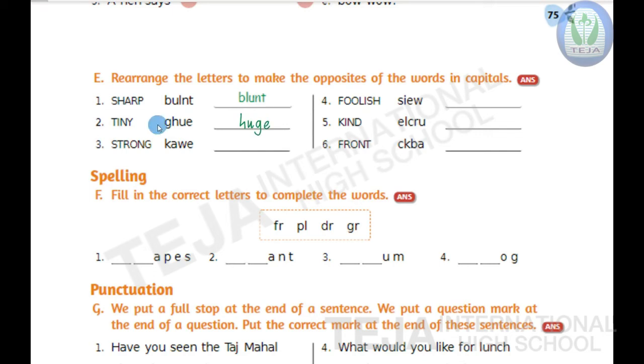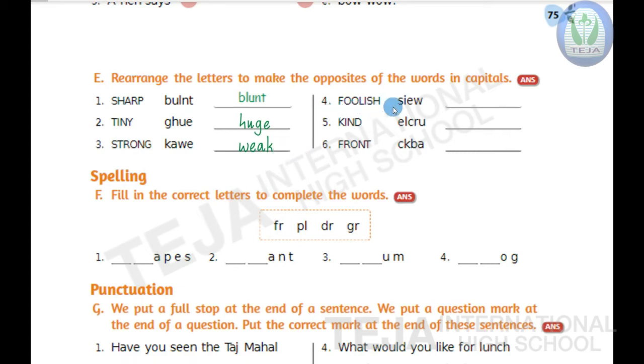Third one, strong. And the opposite of strong is, by using these letters you have to write it. So rearrange the letters of the word. Strong, weak. W-E-A-K, weak.